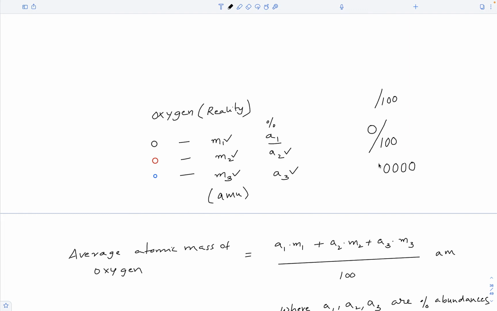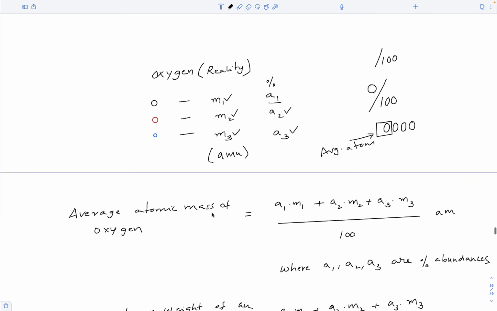And this imaginary atom is what is called the average atom. And the atomic mass of this imaginary average atom is what is called the average atomic mass of that element, or simply the atomic mass of that element. What is the mass of this imaginary lump?